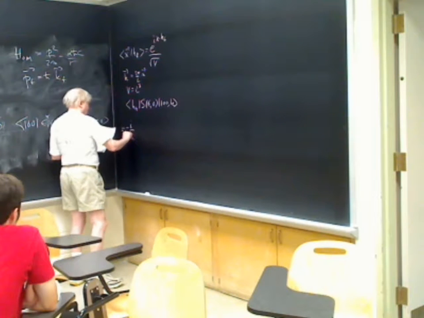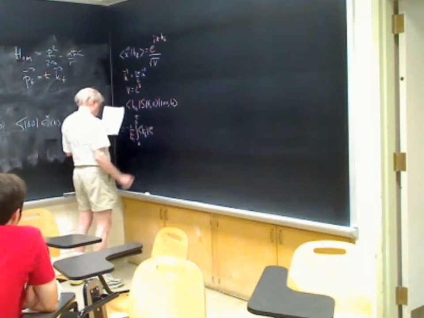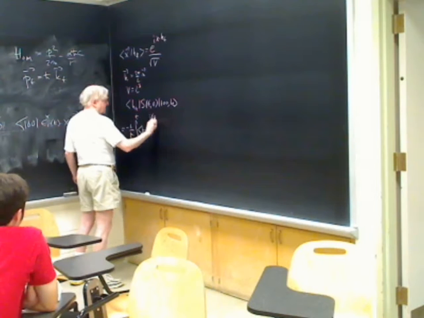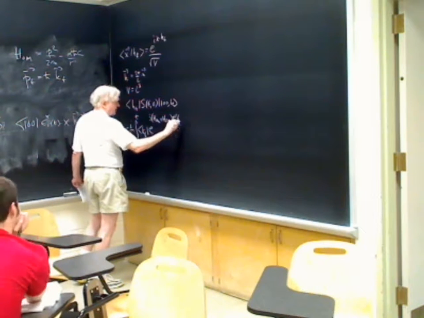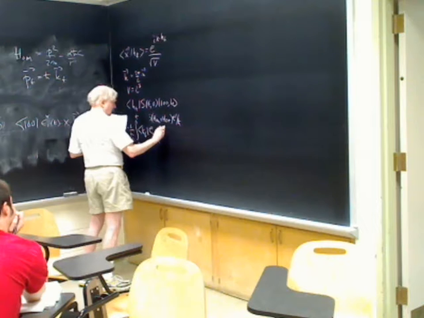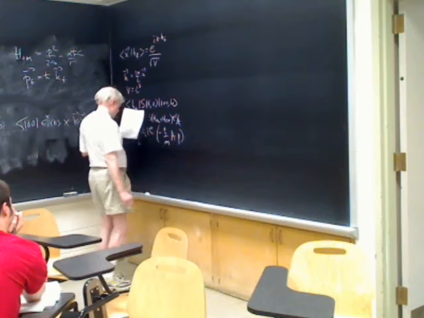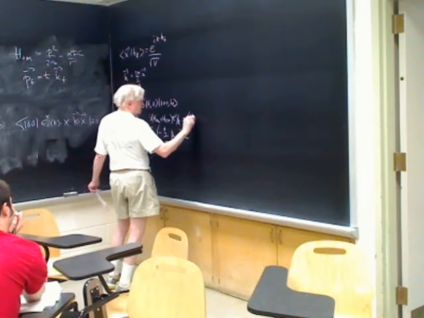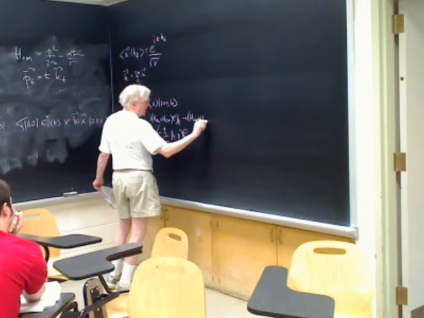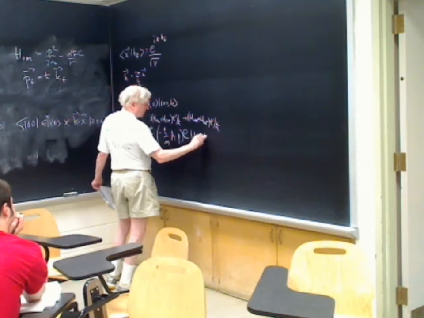This is then minus i over h bar, integral 0 to T, of kf, e to the i, H0 matter plus H0 field, t prime over h bar, then minus q over m, A dot P, e to the minus i, H0M plus H0F, t prime over h bar, 1,0,0, k.